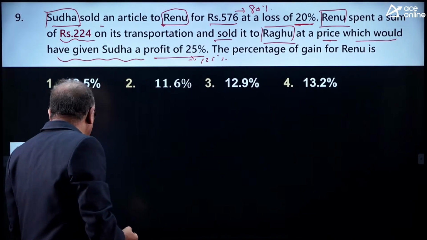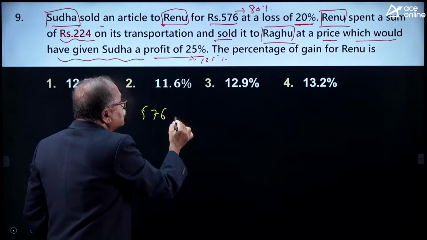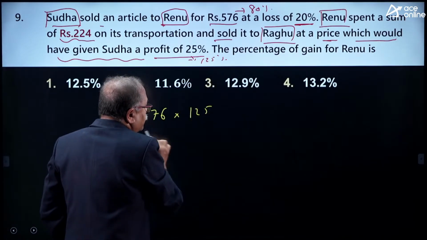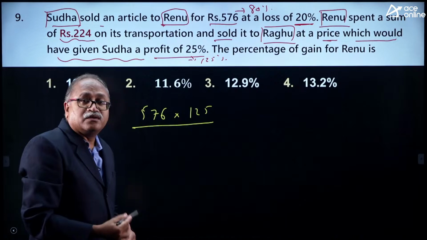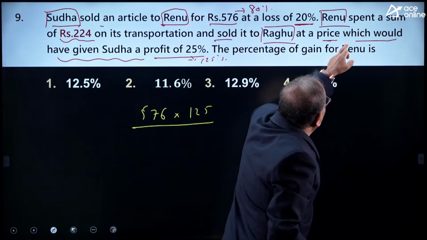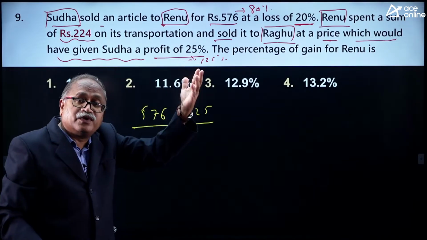So, the very first step you are expected to do is 576, and my requirement is the selling price at Sudha's profit of 25%.